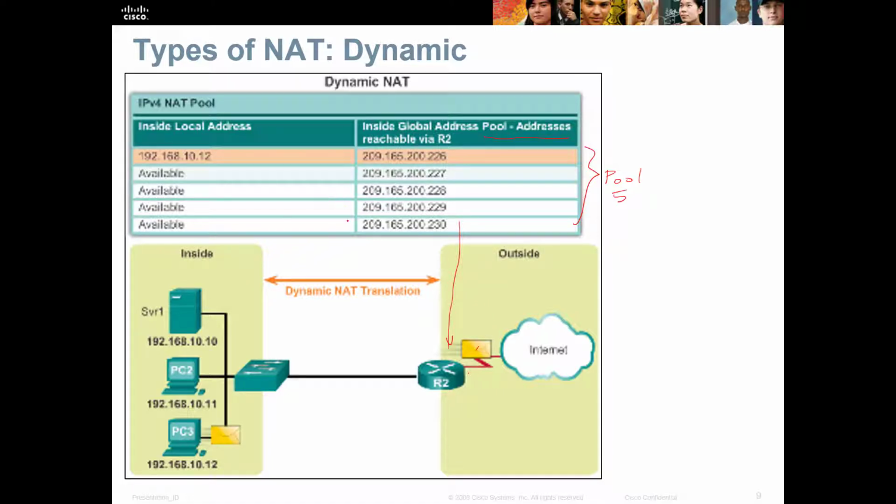Now here it looks a little silly. I've got a pool of 5 addresses and only 3 items. 1, 2, 3. So there's not going to be any contention there, right? But if I have a larger inside network, which realistically is what I'm going to have here, to even be considering NAT, let alone dynamic NAT, I'm going to want a global pool of addresses that's smaller than the total number of local addresses.